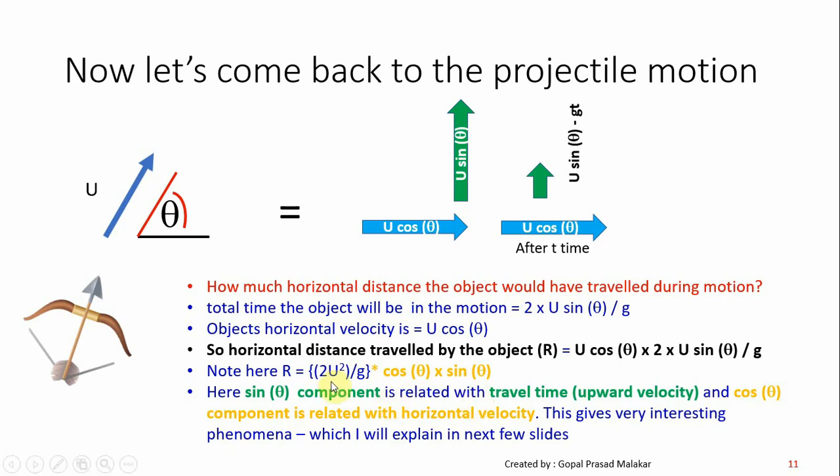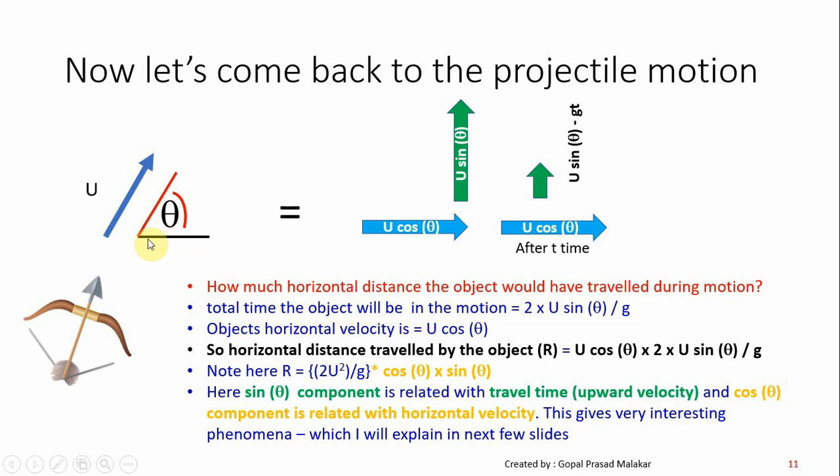What you need to understand is that this sin theta component is related to the travel time. The more the sin theta, the more time it will take to travel, and the more the cos theta, meaning the smaller the angle, the higher its speed in the horizontal direction. So the lesser the theta, the higher the speed; the more the theta, the lesser the speed in the horizontal direction.